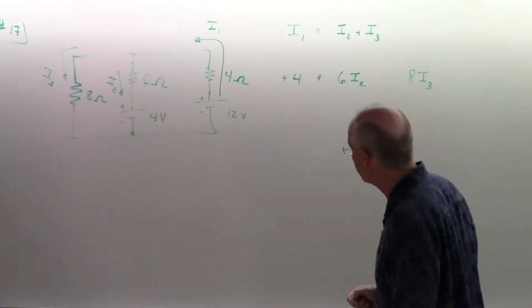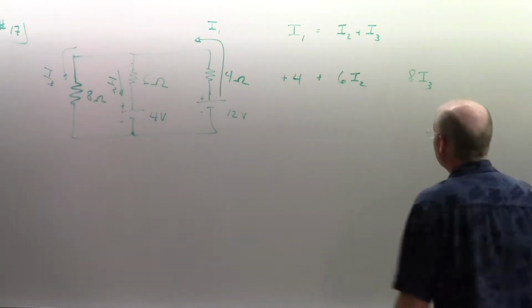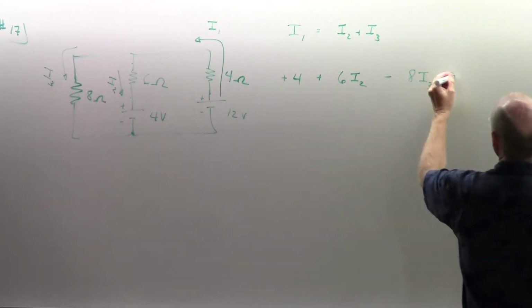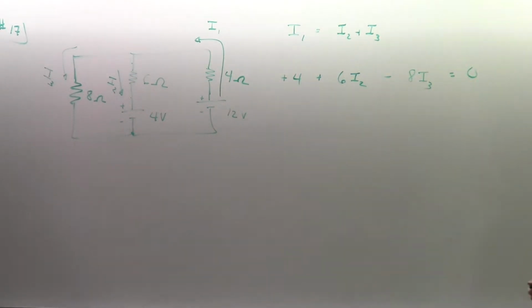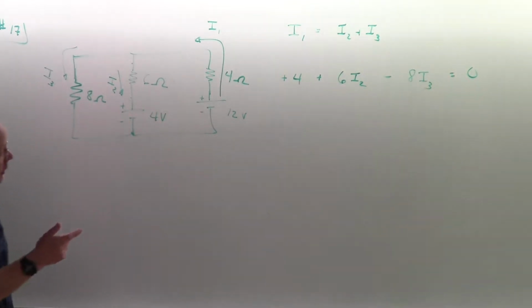And 8I3 would be a change plus or minus? Minus because? Yeah, I'm going with the current. Okay? And so there would be my loop on the left. And if I do the loop on the right, oh, I'm really tempted to do the big one.